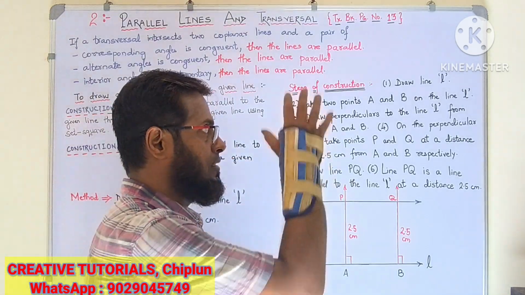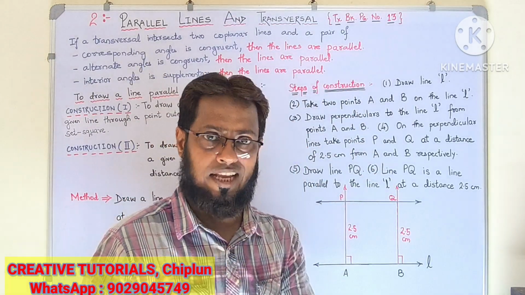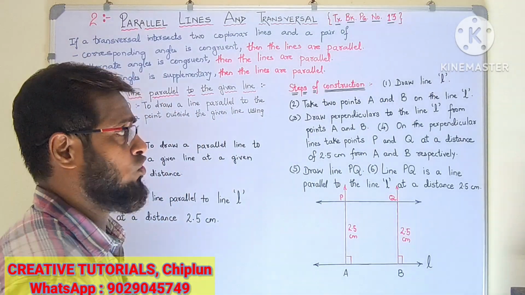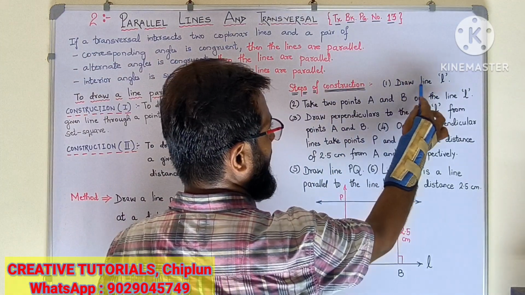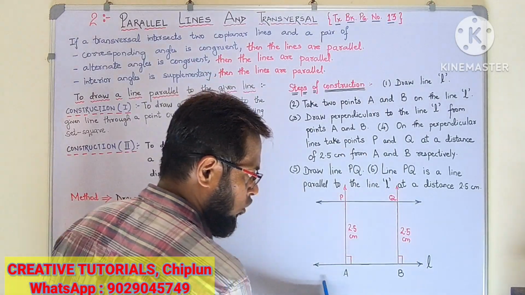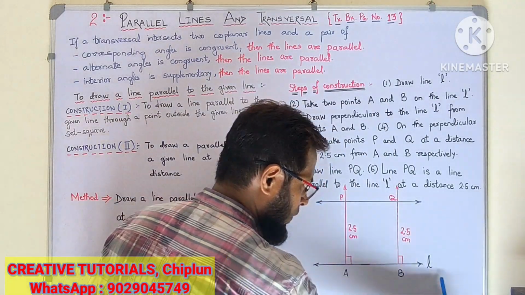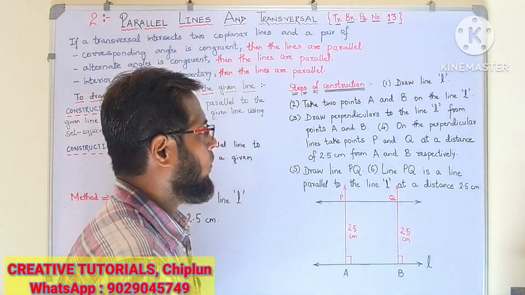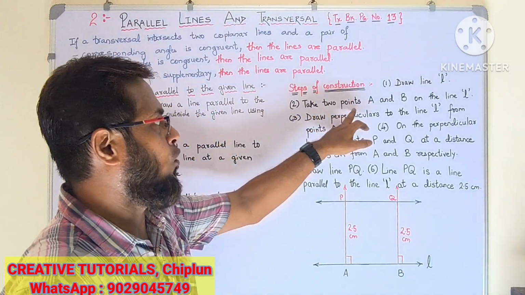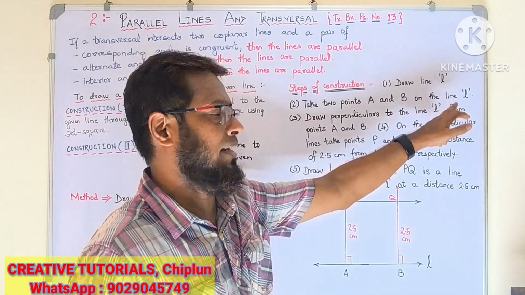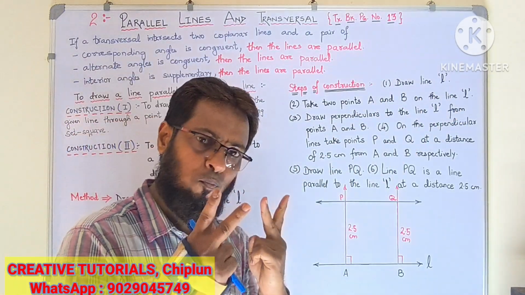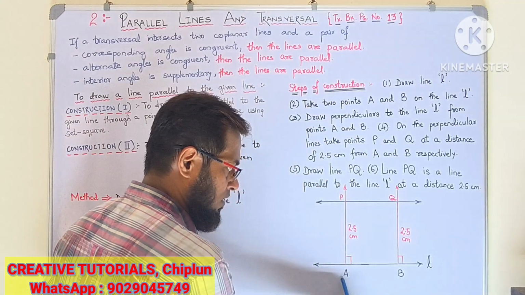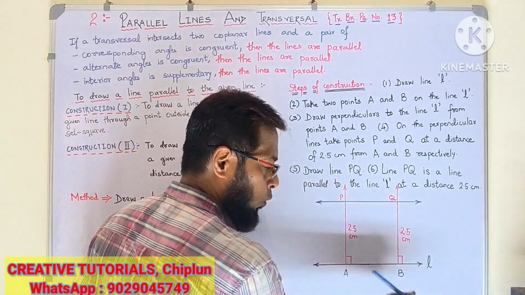Okay, so as per the steps being given to us in the textbook, let us see one by one. The steps of construction are: number one, draw line L. So we have drawn one line L. You will draw one line L of any measure you want. Then, take two points A and B on the line L. We have to take two points A and B anywhere on the line L. So we have taken point A over here and B over here.